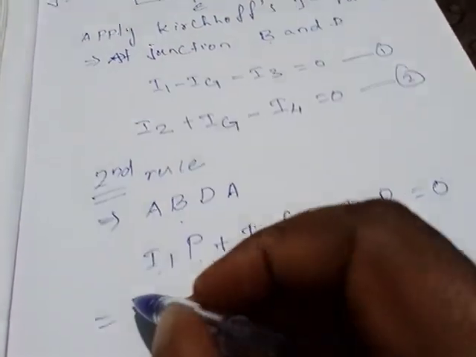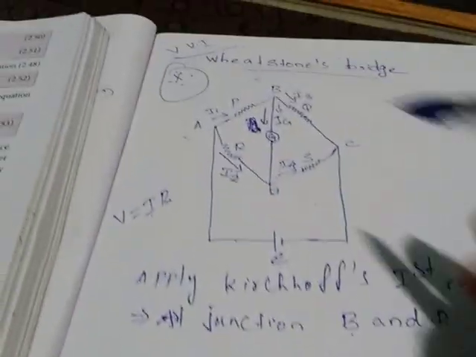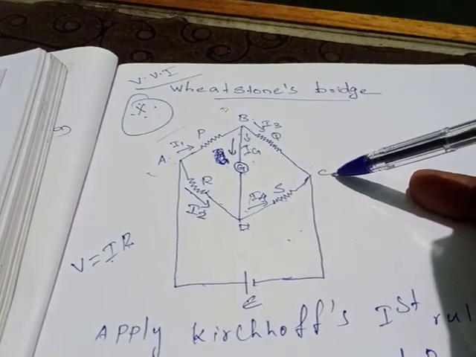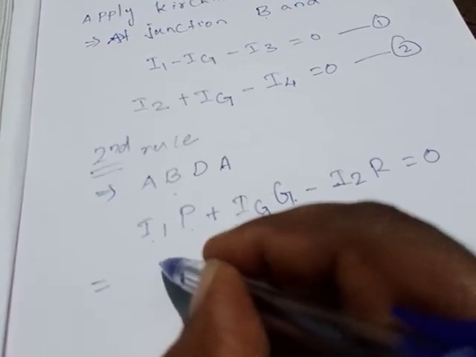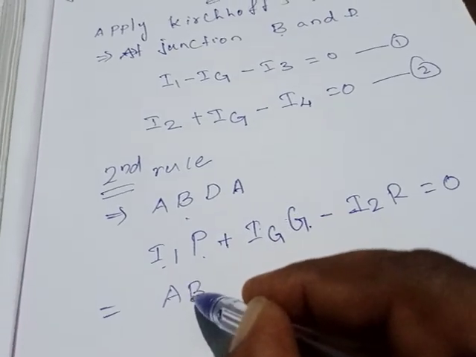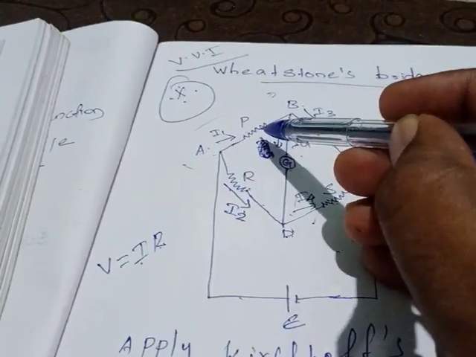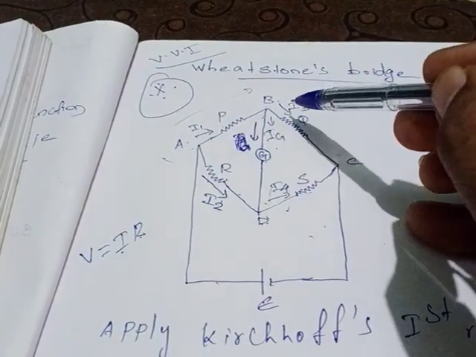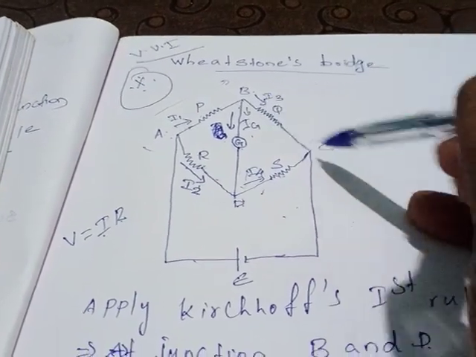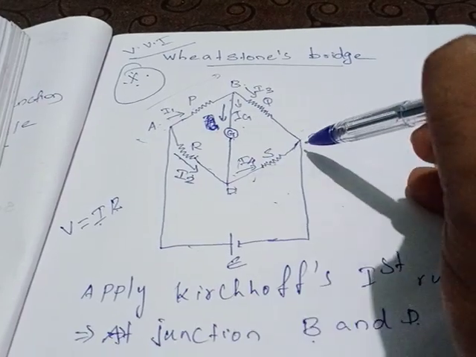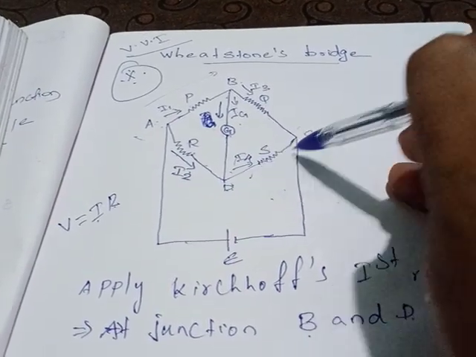Next you have to apply Kirchhoff second rule on this big loop A, B, C, D, A. So applying the Kirchhoff second rule in this loop A, B, C, D, A. Now you see, so plus I1P, again plus I3Q. You see I4 is opposite to this, so minus I4S.